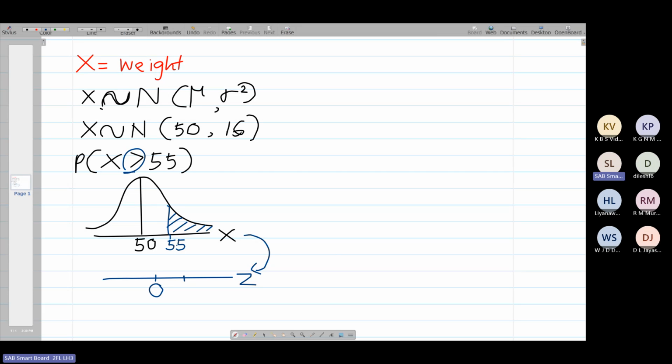Then we need to convert this 55 to Z. Finally, the mean value 50 becomes 0, but 55 is the X value, and that value we need to convert into the Z value. It's clear? There is a formula we can use. This is the Z score. I think all of you know about the Z score. This is the way we can calculate the Z score.